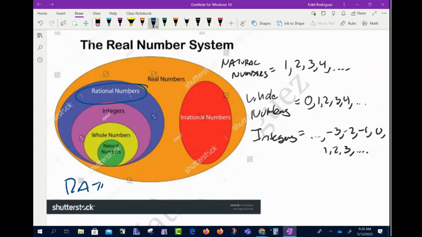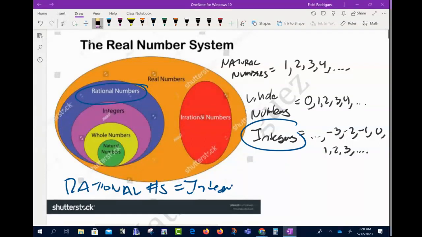Okay. Now, rational numbers. Integers. Sorry about my handwriting. Plus numbers that look like this.